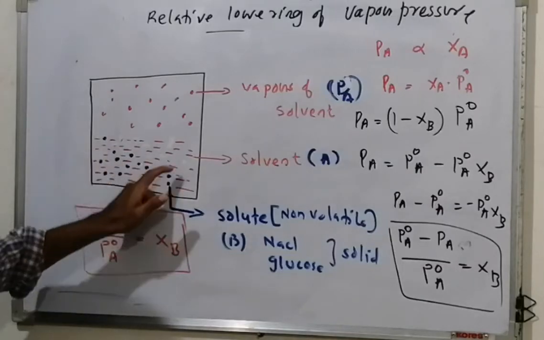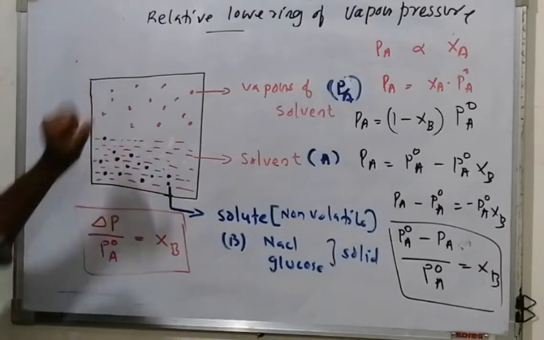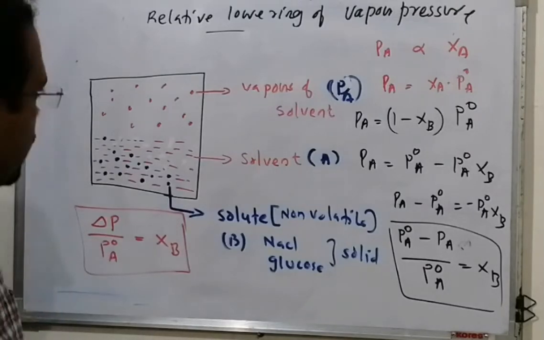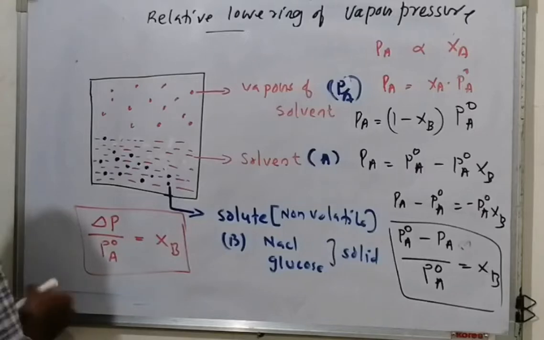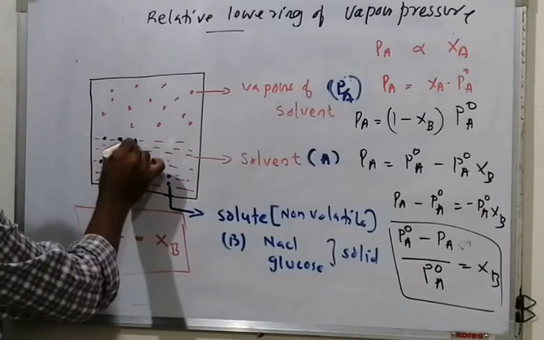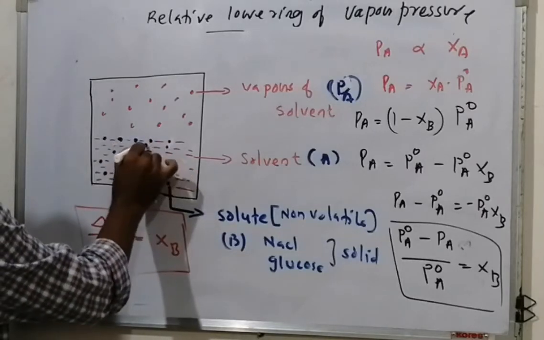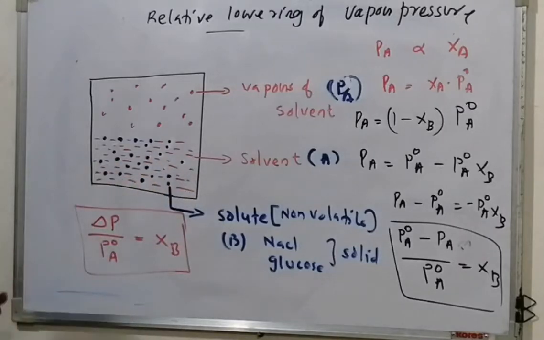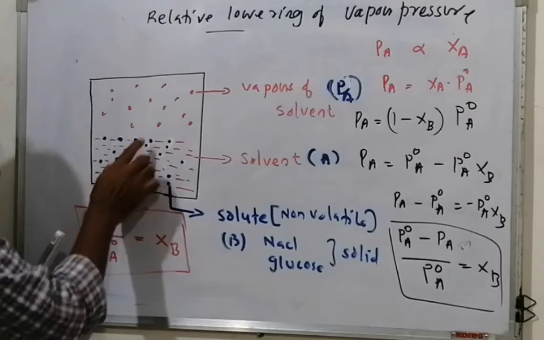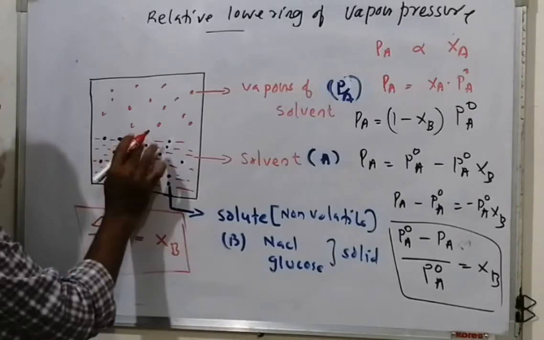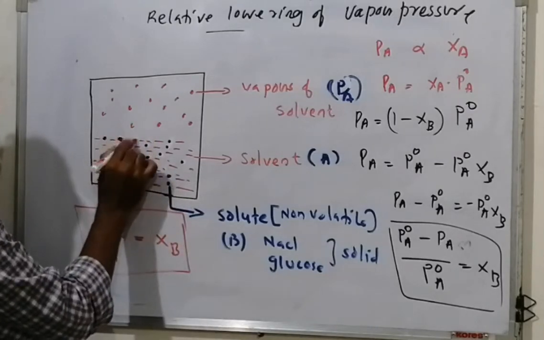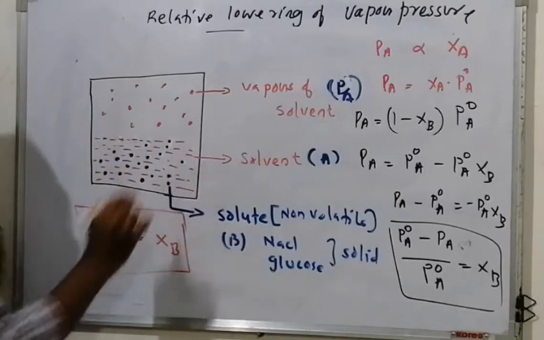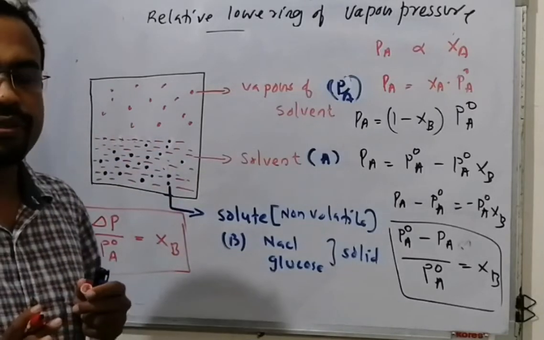If you have more solute, there will be less pressure. Why? Because the solute is not vaporized. Vaporization is a surface phenomenon. If there is no solute, everything will vaporize.